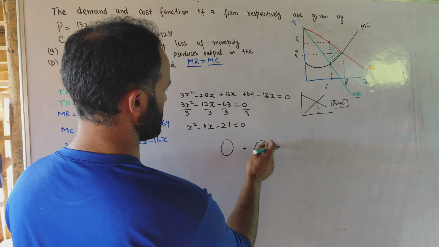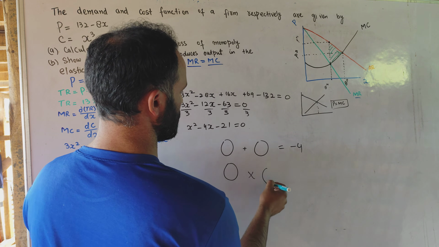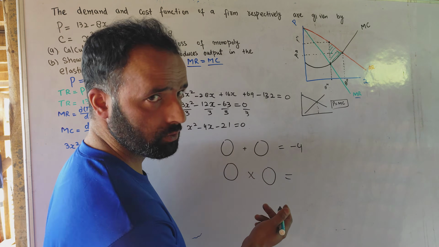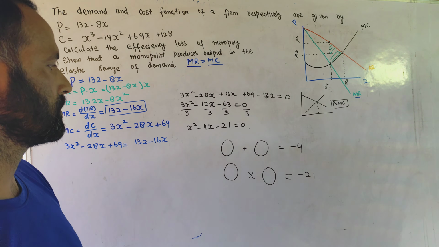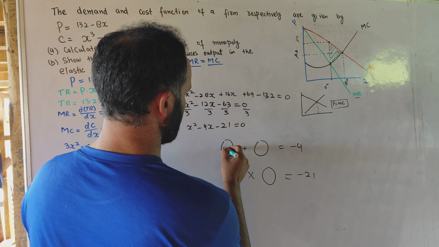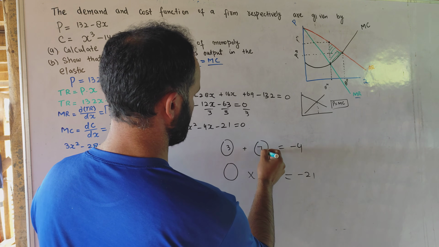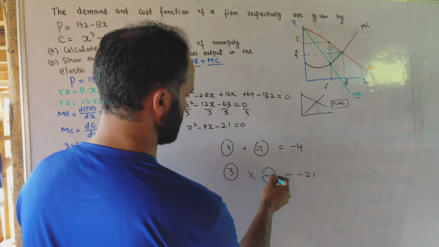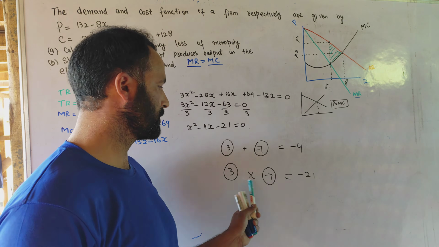We should get two numbers such that their sum is equal to minus 4, and their product is equal to the constant term, which is minus 21. Let us do some calculation here. 3 and minus 7: 3 minus 7 is minus 4, and 3 into minus 7 is minus 21. This in fact solves our problem.